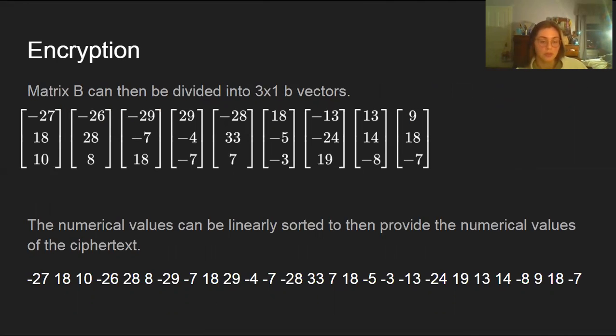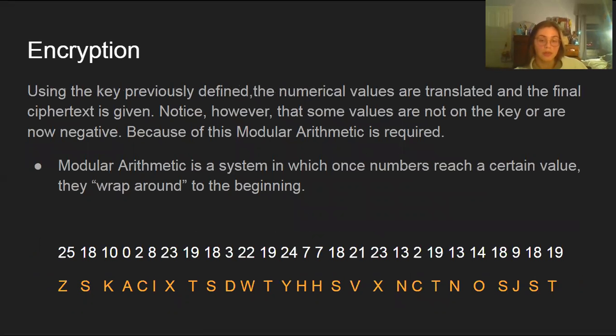As you can see, some numbers are negative, some are greater than what the key allows. This means we'll have to use modular arithmetic. Modular arithmetic is a system in which once numbers reach a certain value, they wrap around to the beginning. For our purposes, I'm not going to go too much into it, but here I have the modular arithmetic below.